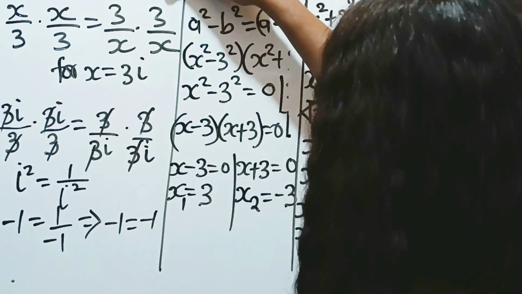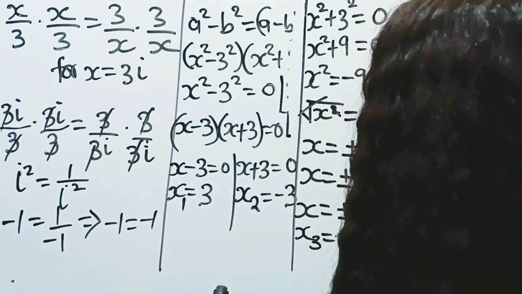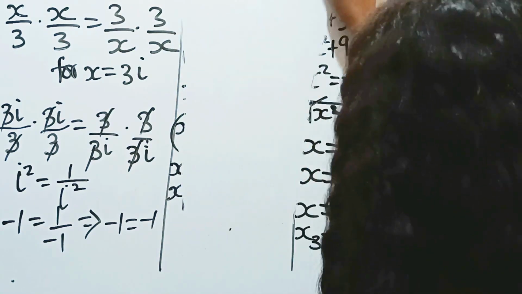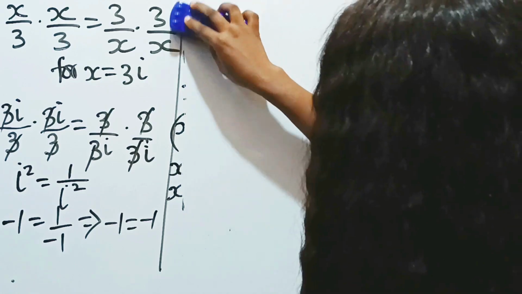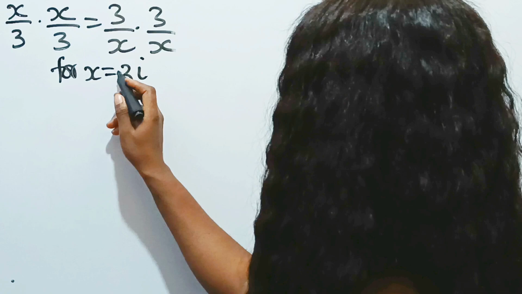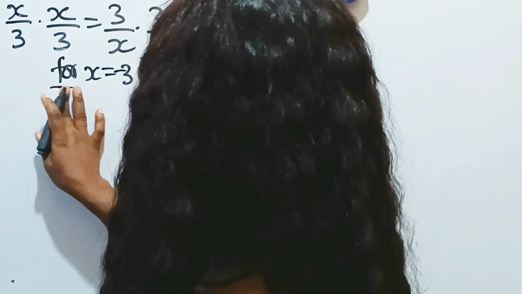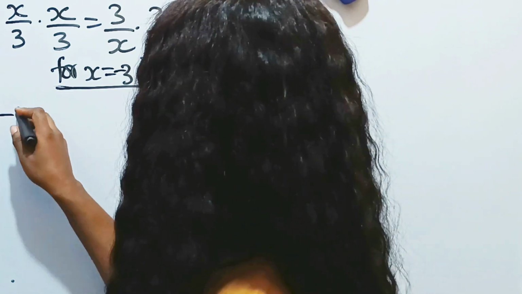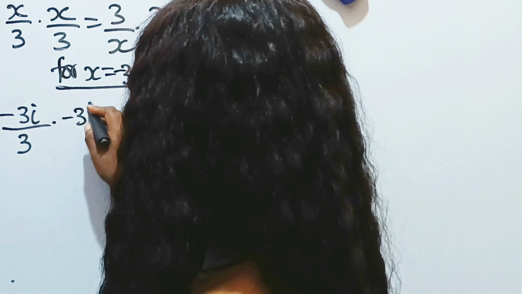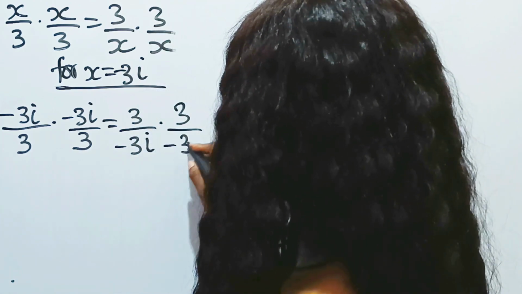Okay, now what if our x, recall that this x is 3 and minus 3. So let me write that somewhere, 3 and minus 3. Now when our x is the negative of this, I want you to see how this is going to play out. Okay, so for x equals minus 3i, we are going to have minus 3i divided by 3 multiplied by minus 3i divided by 3 is equal to 3 divided by minus 3i multiplied by 3 divided by minus 3i.